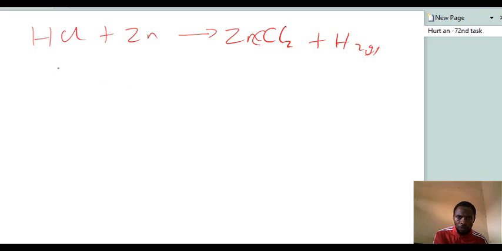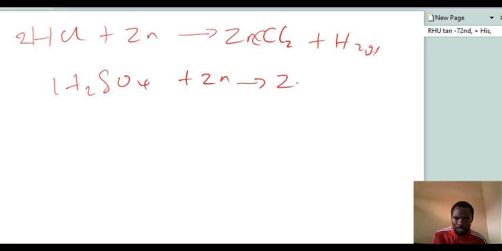If it is sulfate, we have to balance it: H2SO4 plus the same zinc gives zinc sulfate plus H2, which is the gas. That is the reaction of zinc with sulfuric acid. So it liberates hydrogen gas.